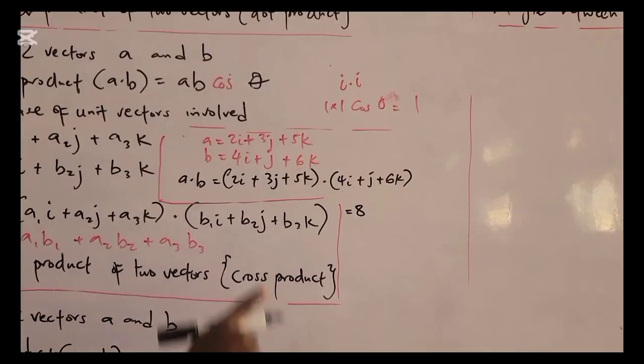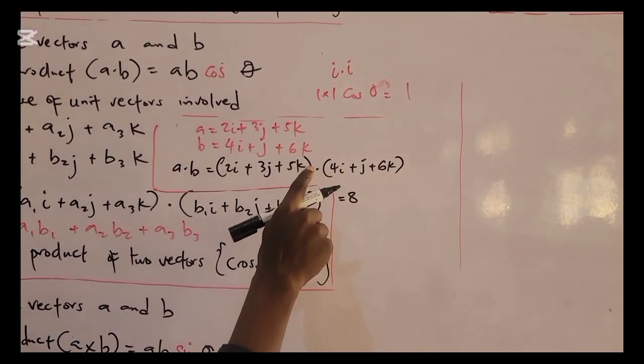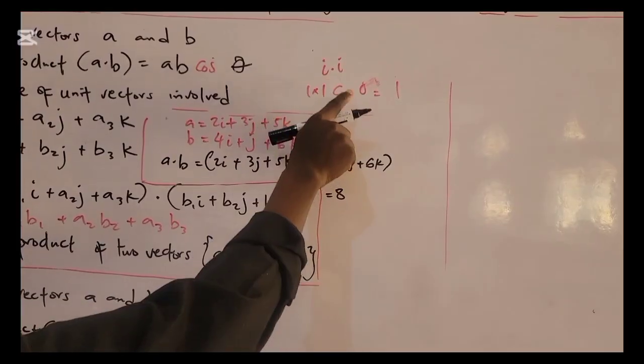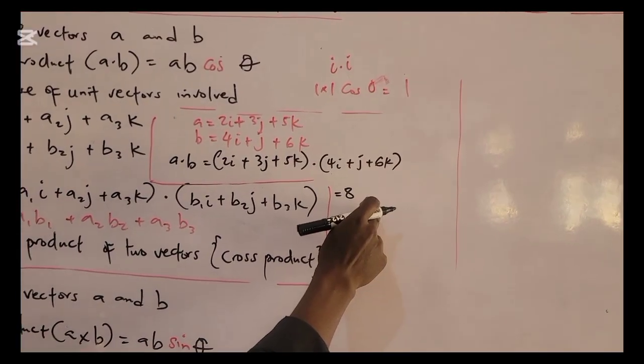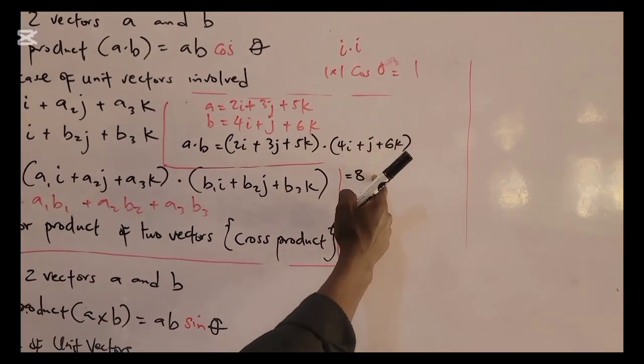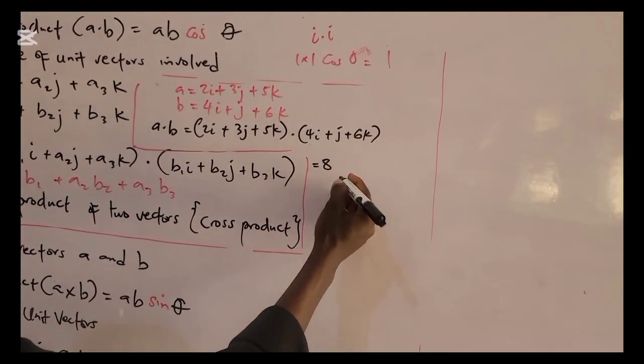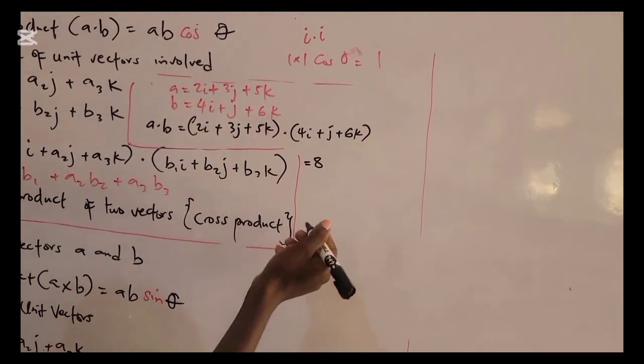Now notice that I dot I will give you 1, like I said the other time. So if you multiply 1 by 8, it will still remain 8. So you don't need to include the I anymore. That's why it is called scalar. Scalar doesn't have direction.